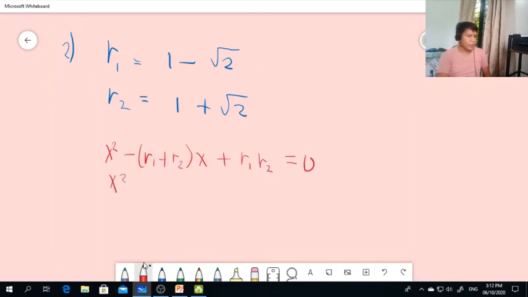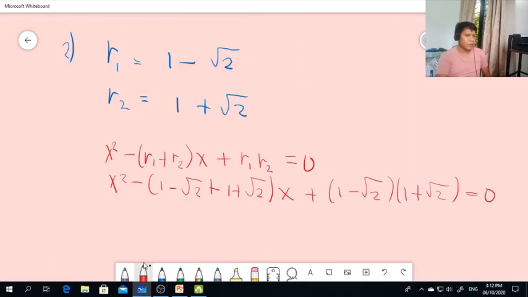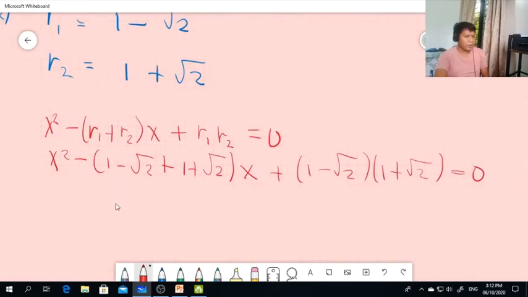Then we substitute: x squared minus the quantity of 1 minus square root of 2, that's r sub 1, plus 1 plus square root of 2, that's r sub 2, times x, plus the product 1 minus square root of 2 times 1 plus square root of 2, equal to 0. If you notice here in our equation, you can cancel out your negative square root of 2 and your positive square root of 2. So we simplify the equation.